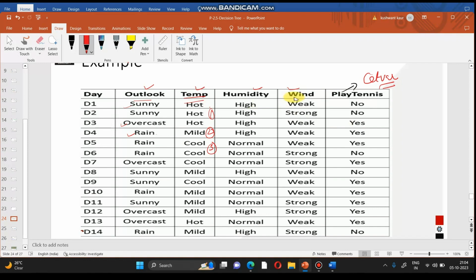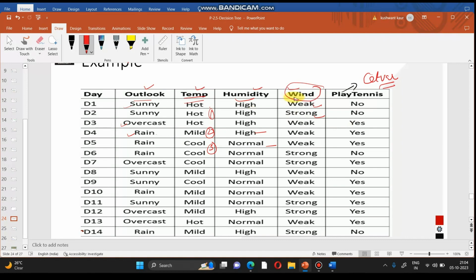Similarly, for humidity we have 2 values, high and normal. So we will calculate entropies for both high and normal, and using these 2 entropies we will calculate the information gain for humidity. Similarly, for wind the values are weak and strong only. So we will calculate 2 entropies, and using these we will calculate the information gain for wind.